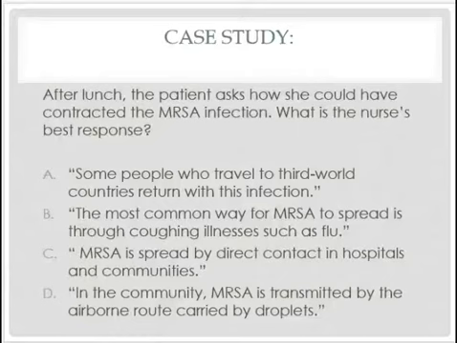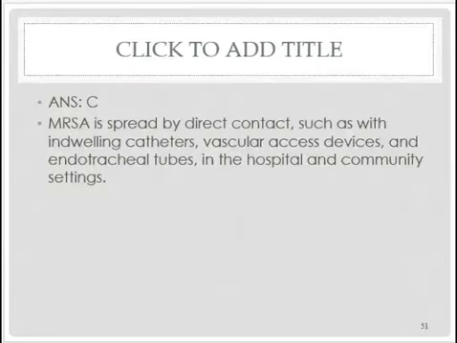C. MRSA is spread by direct contact in hospitals and communities. Or D. In the community, MRSA is transmitted by the airborne route carried by droplets. The answer is C. MRSA is spread by direct contact, such as with indwelling catheters, vascular access devices, and endotracheal tubes in the hospital and community settings.